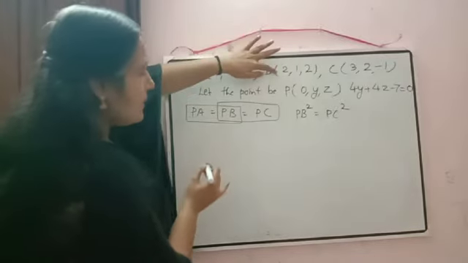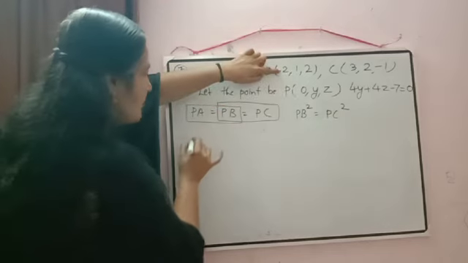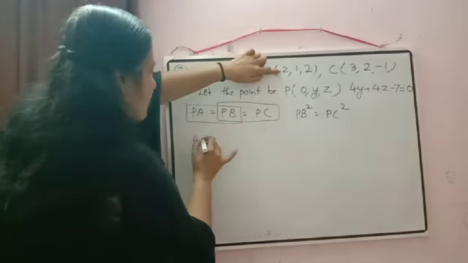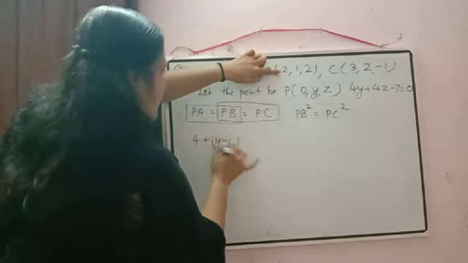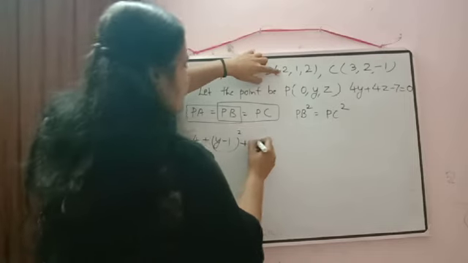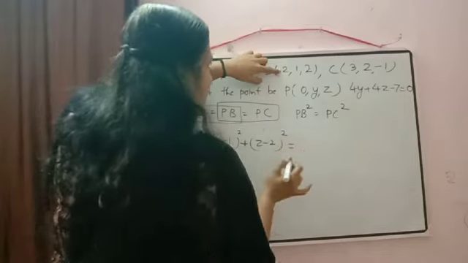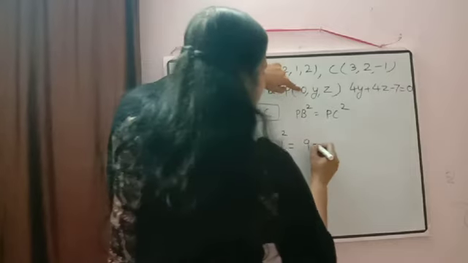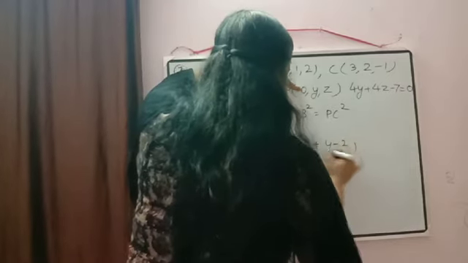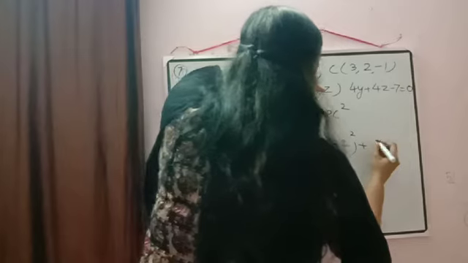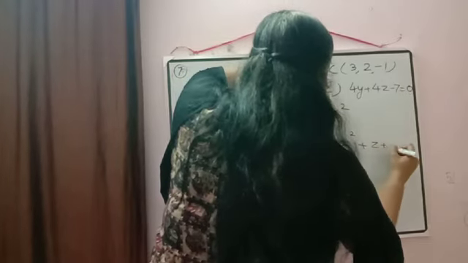PB square: 0 minus 2 the whole square, 4, plus y minus 1 the whole square, plus z minus 2 the whole square. Next one, PC: 0 minus 3 the whole square is 9, plus y minus 2 the whole square, plus z minus minus 1, so z plus 1 the whole square.